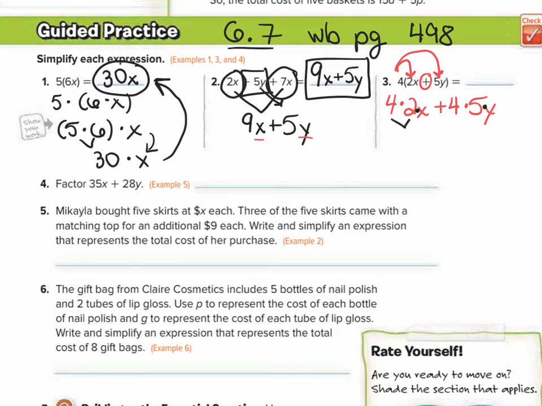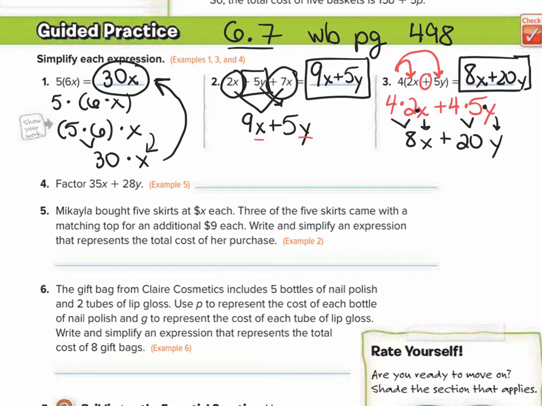So you can multiply 4 times 2 to get 8, bring down your x, plus 4 times 5, 20, bring down your y. Now you cannot add x and y, so you leave it as 8x plus 20y. Just to quickly review, you can multiply something without a variable with something with a variable, but you cannot add or subtract two things that don't have the same variable.